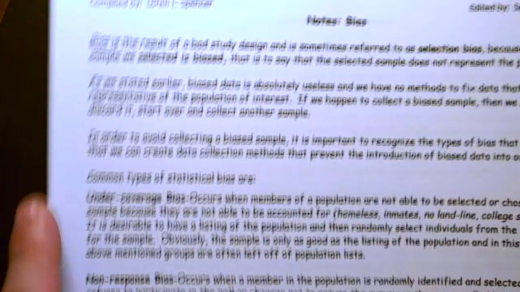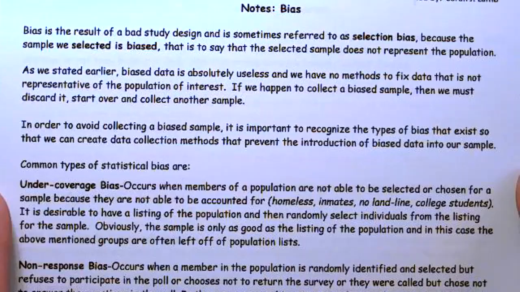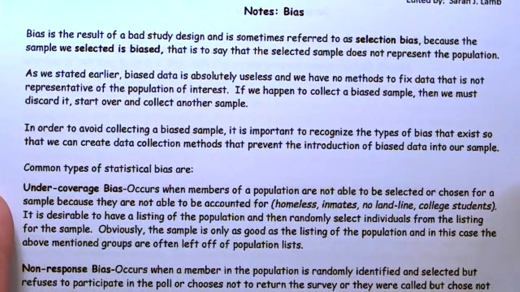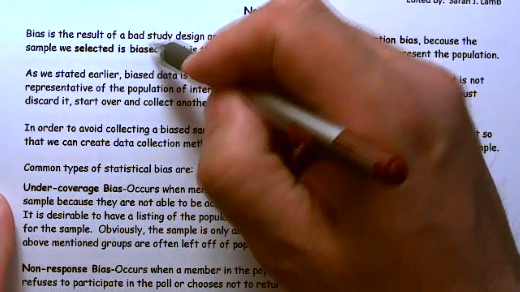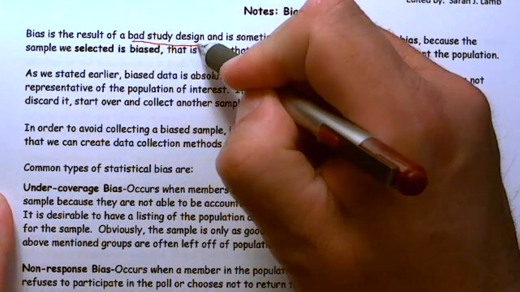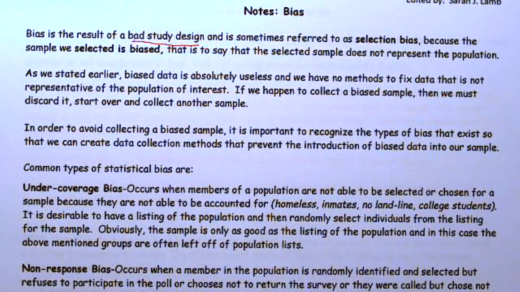And by the way, bias is the result of a bad study design. We may not think it is a bad study design, but that's what it's the result of. Because of the bad study design or the bad execution of the study, we end up getting something that overrepresents part of the population and underrepresents part of the population.